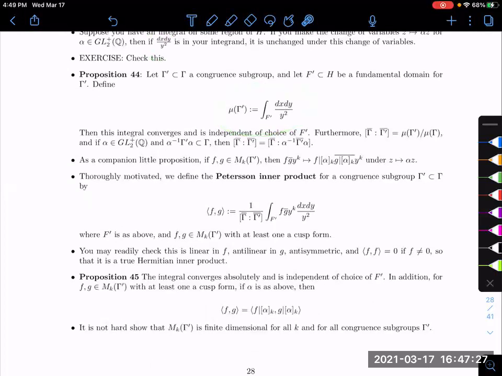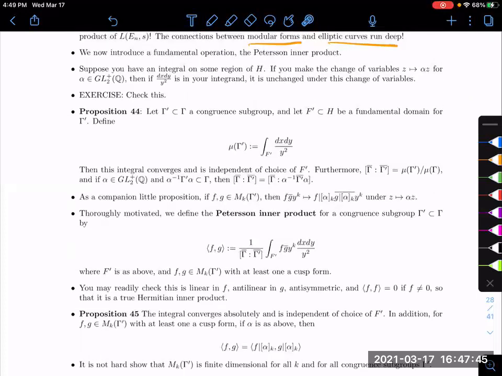And not only that, but it's independent of the choice of fundamental domain, because every congruence subgroup has many, many fundamental domains, in principle, right? So you might think that this integral should have a different value depending on which fundamental domain I've chosen. Although if you've been listening carefully, you'll see that's not the case. This integral always converges. It's independent of the choice of fundamental domain.